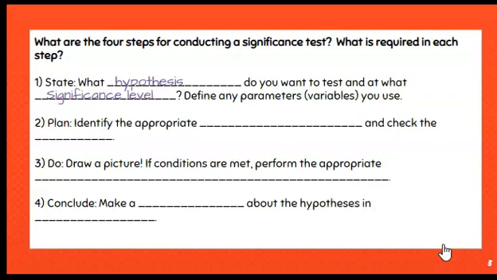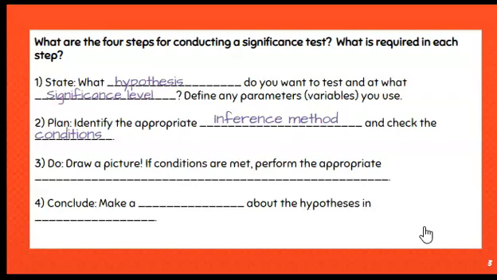Number 2 is the plan step: identify the appropriate inference method and check the conditions, just like we did with confidence intervals. We had to say it was a 1 proportion confidence interval, or in this case, a 1 proportion z-test, and check the 3 conditions that we talked about. Step 3, draw a picture.